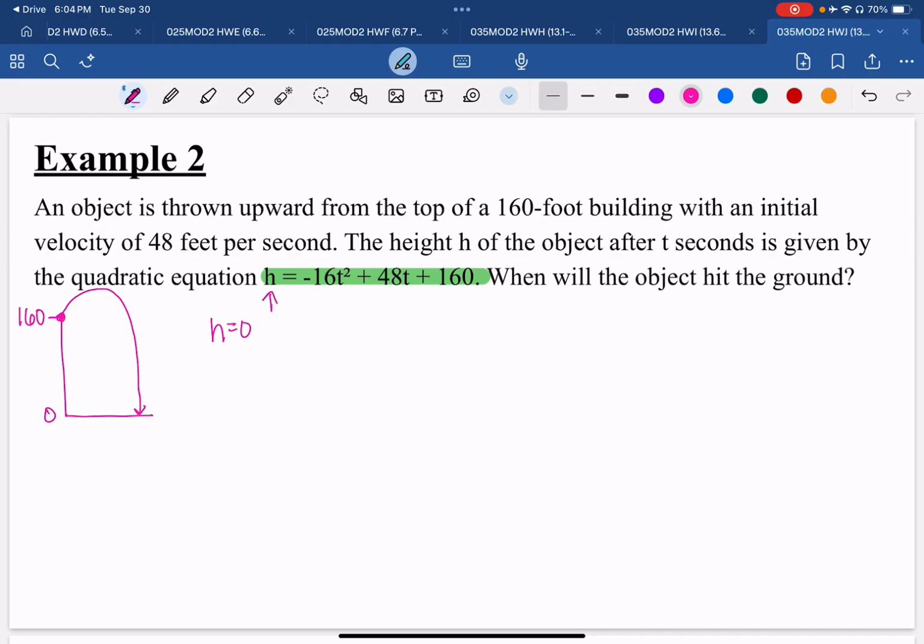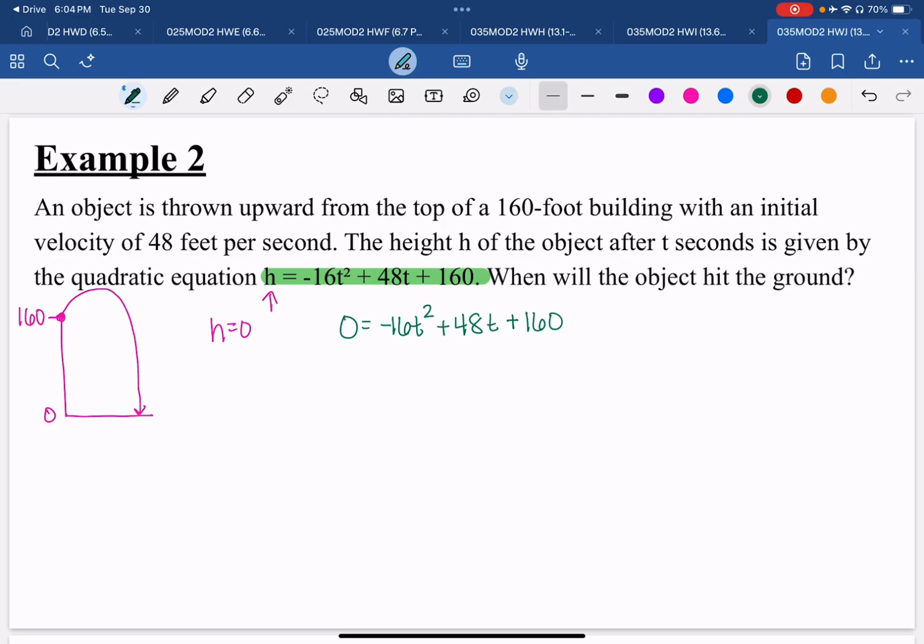So I'm just going to take this equation and say 0 equals negative 16t squared plus 48t plus 160. And now I need to solve.